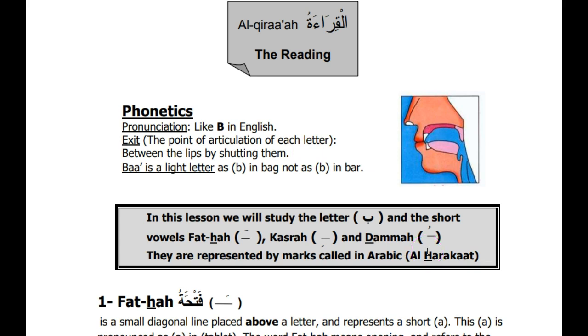And Dhamma looks like maybe an e in calligraphy, and is here in this example on top of the letter, and it sounds like u.